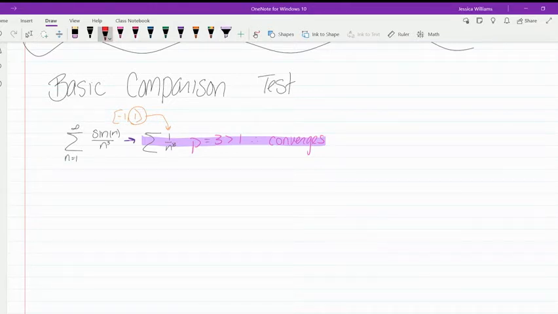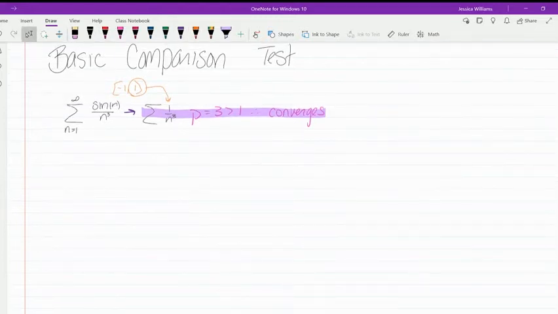Here's what basic comparison test says I'm supposed to do for a convergent series. If I think that sine of n over n cubed looks like 1 over n cubed, and I know that this series converges, because it's p-series, then the series I was given, sine of n over n cubed, if I can show that it is less than the one I know it looks like, is also going to converge.